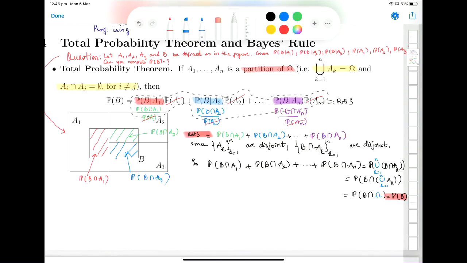So the proof is quite simple: you just apply the definition of conditional probability for each term in the right hand side, and then do some calculation using the fact that the probability of a union of disjoint sets equals the sum of probabilities, and then using the property of the partition, you have the last step.